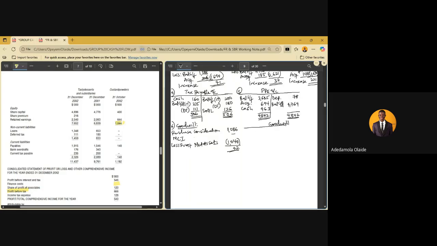So if we have our goodwill account this way, no balance brought forward. But during the year, through acquisition, we have 42. Then at the end of the year, we have a balance carried down of 42. That means there was no change during the year, no movement.